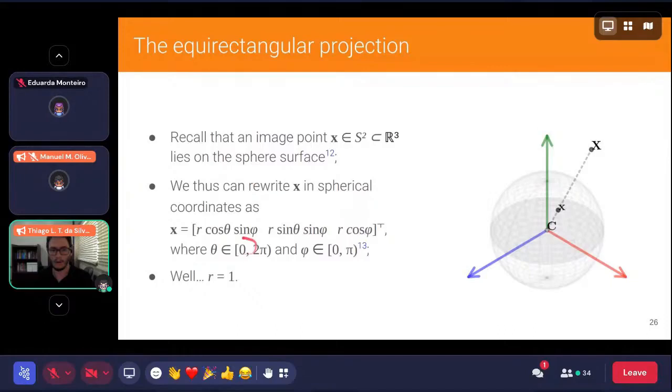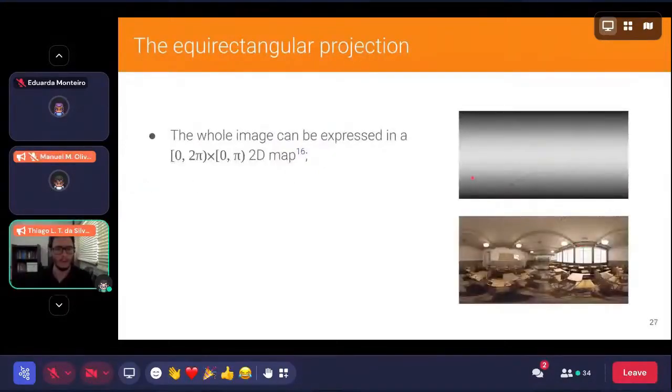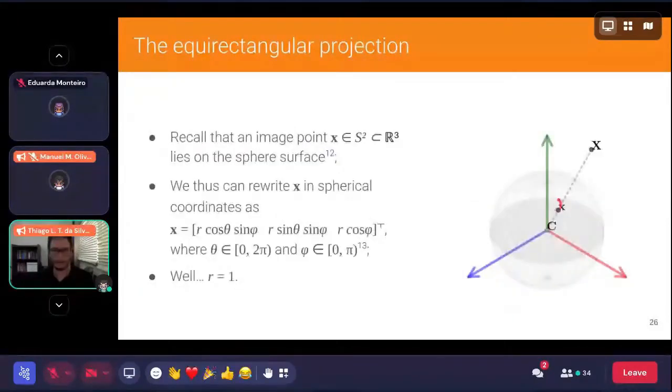Okay, so they depend on theta and phi, and we know that the spherical camera, as it's modeled, has a unit norm, so the R variable here is 1. So then my idea here is to switch our representation. Instead of using 3D Cartesian coordinates, we switch to spherical coordinates.